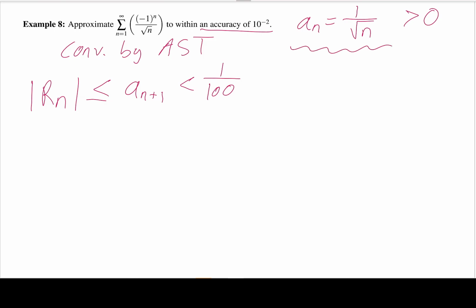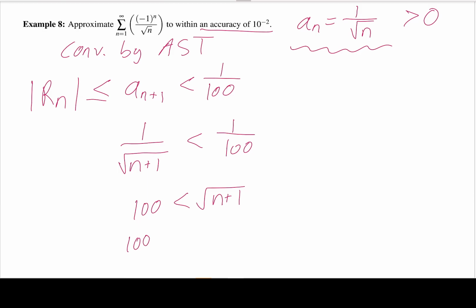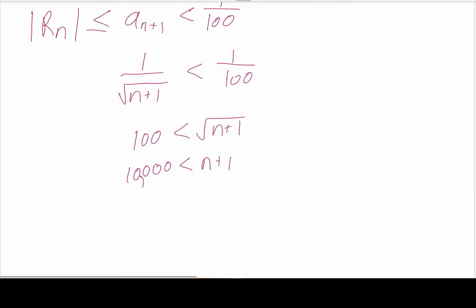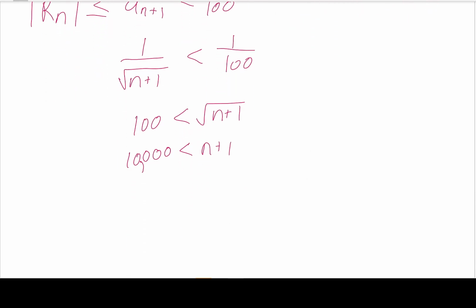So I'm just going to plug in n equals n plus 1. So we want 1 over the square root of n plus 1 to be less than 1 over 100. Which means that I want 100 to be less than the square root of n plus 1. So I'm going to square both sides. So I want 10,000 to be less than n plus 1.